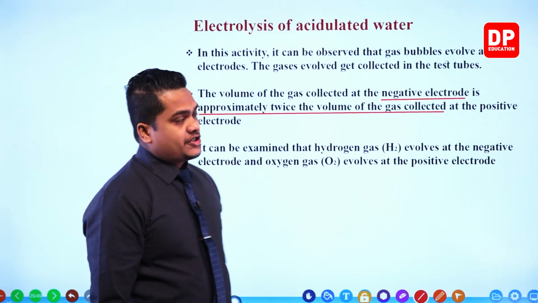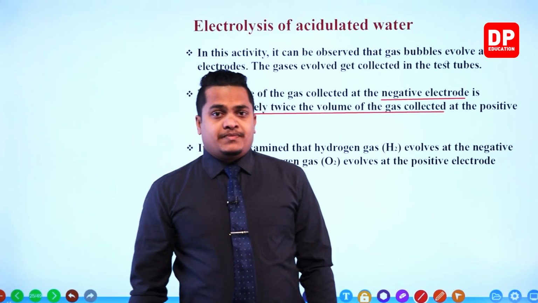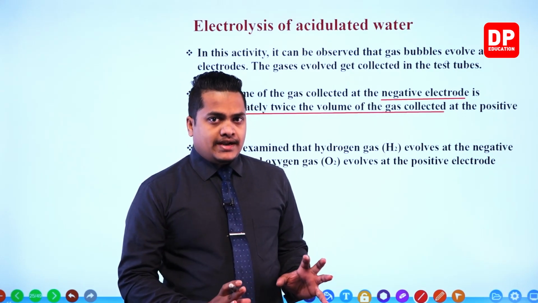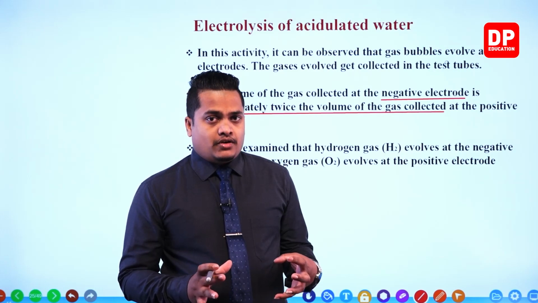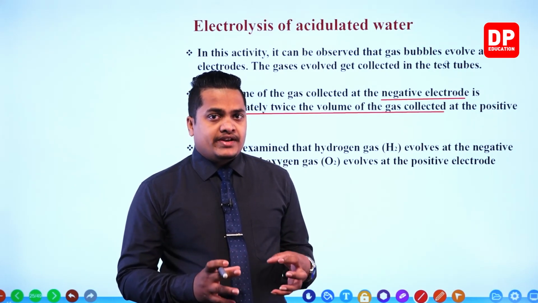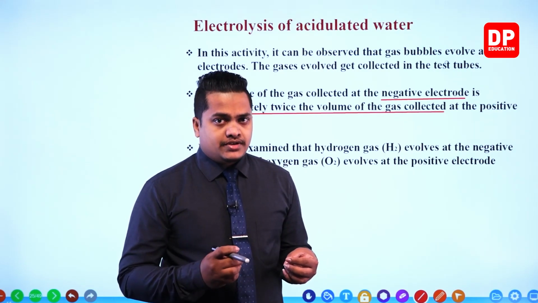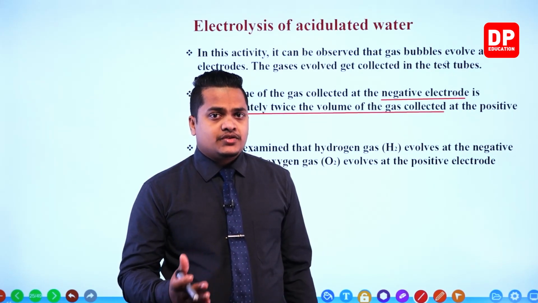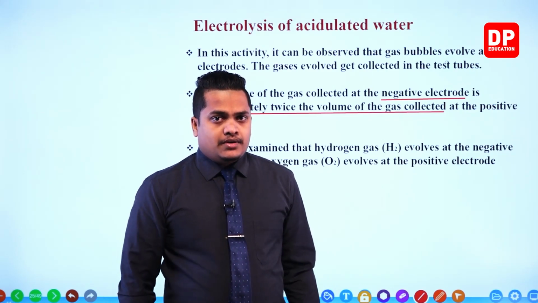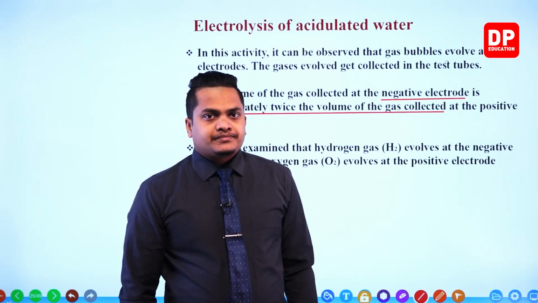Like I said, my dear children, by inserting a lighted splinter, we concluded that. Even though I haven't done the oxygen experiment, I have provided you the experiment for hydrogen, to prove that hydrogen is going to be emitted at the negative terminal.